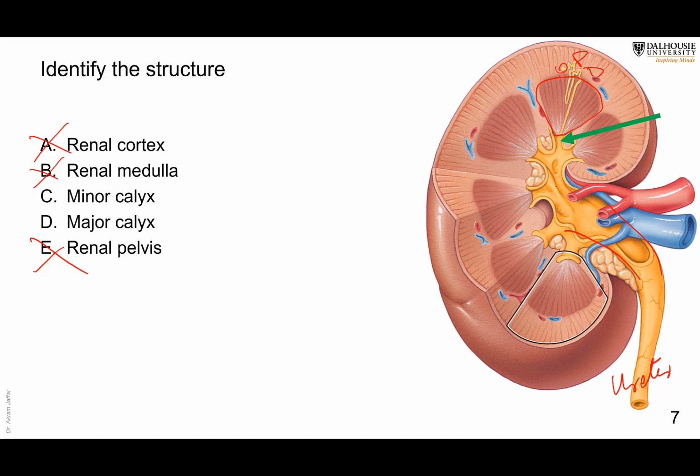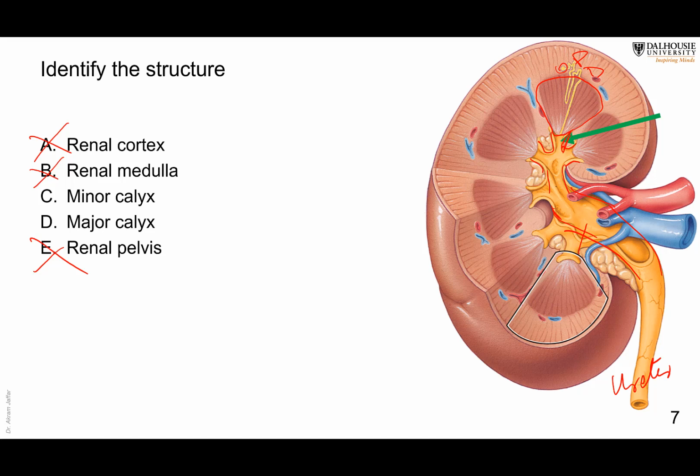And the renal pelvis is, in fact, formed of small and large calyces. So we have this small calyx here, another small calyx there, which is the marked one, and then another small calyx. These are minor calyces, and they unite to form a major calyx. And here's another major calyx coming from here to form the renal pelvis.